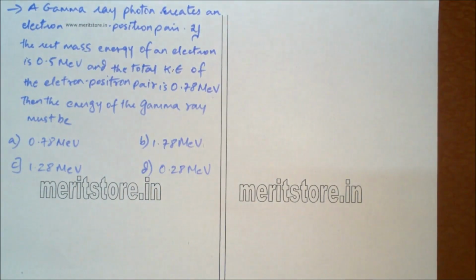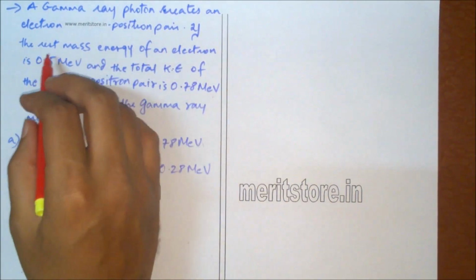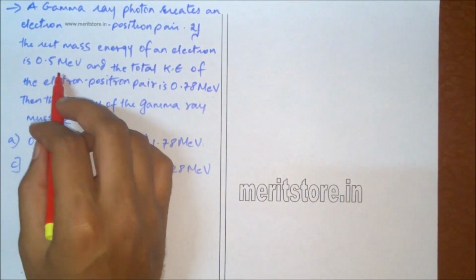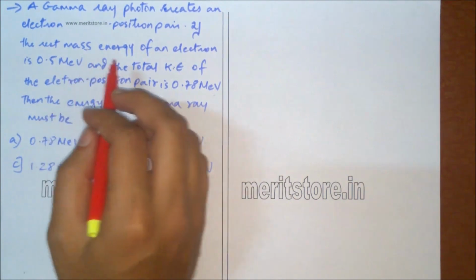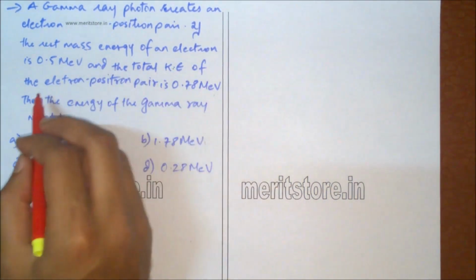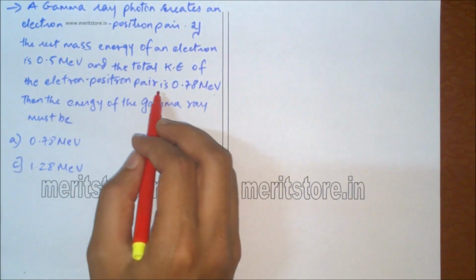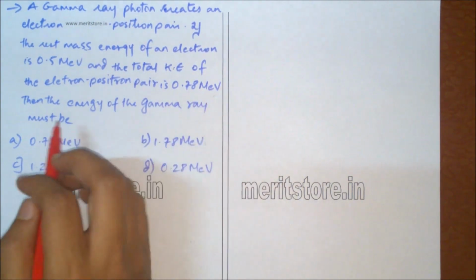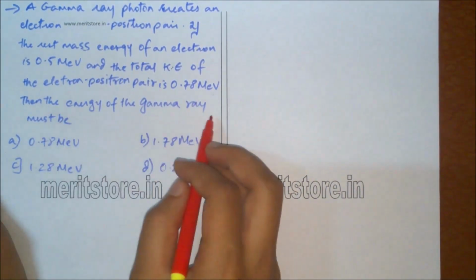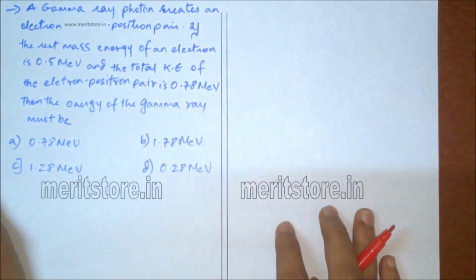A gamma ray photon creates an electron positron pair. If the rest mass energy of an electron is 0.5 MeV and the total energy of the electron and positron pair is 0.78 MeV, then the energy of the gamma ray must be.